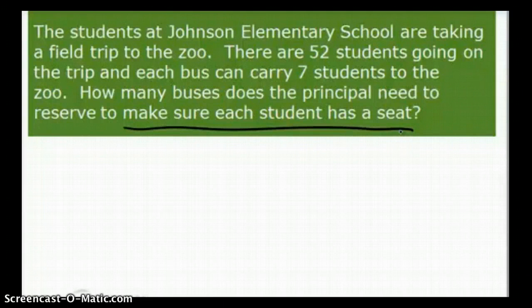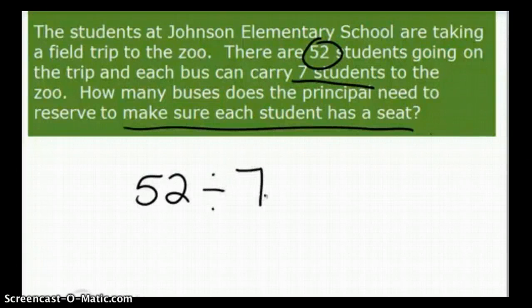I also know that we have 52 students and each bus carries 7. So I'm going to be breaking up my group of 52 students into parts with 7 students in each part, or in each bus, to get my answer. Our answer should tell us how many buses we need in order to get everyone to the zoo.